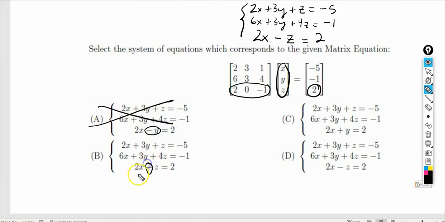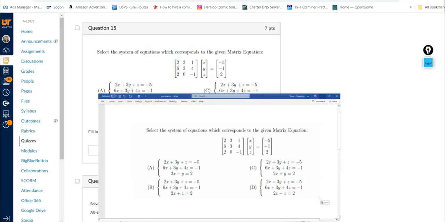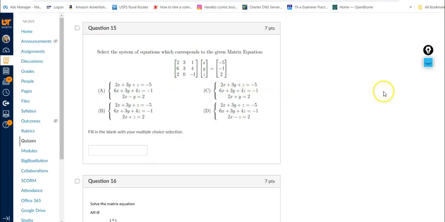This one is not correct. This one is not correct. This one, the last one, D, has all 3 of them the same. So the answer is D. I'm going to come back here, and the answer is D.